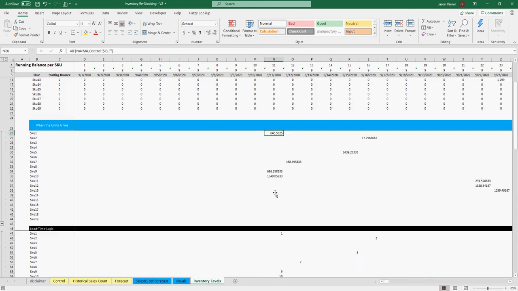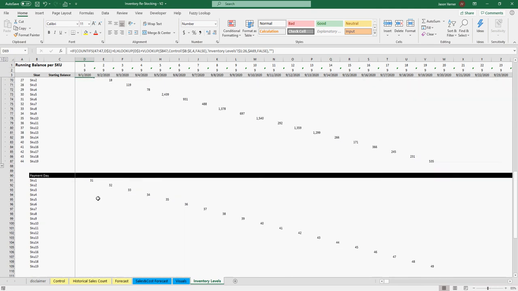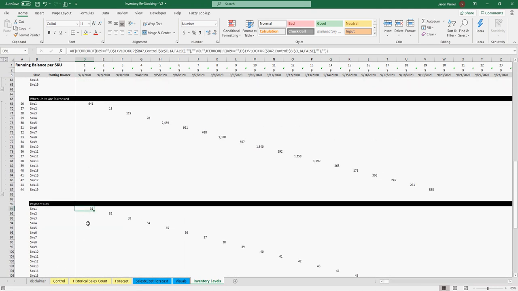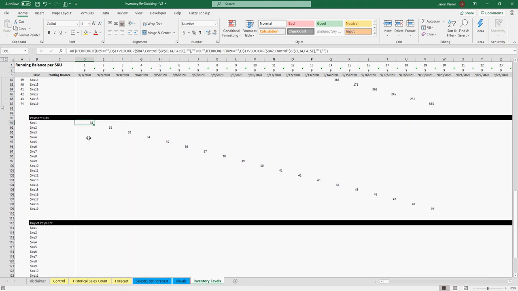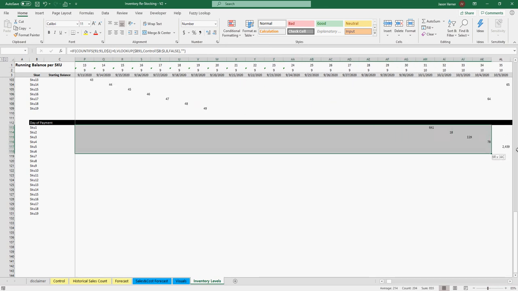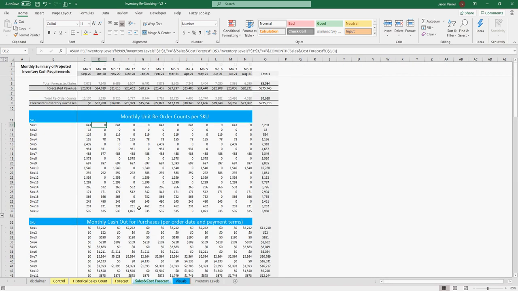So they arrive here, you actually buy them here, and then you pay for them 31 days later because of the logic for the terms of the payment. So you're actually paying for them here on 10/1.